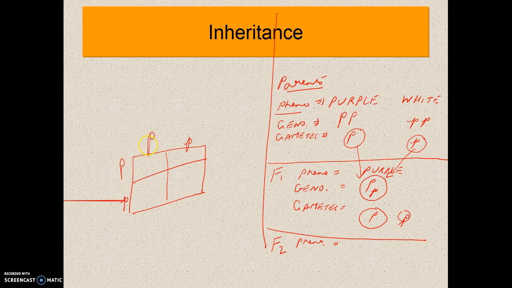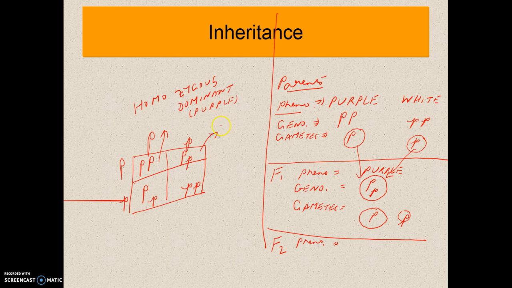Now I'm going to combine, so uppercase P, uppercase P, uppercase P, lowercase p, uppercase P, lowercase p, lowercase p, lowercase p. All right. So uppercase P, uppercase P, this would be called a homozygous dominant, and of course will be purple flowers.